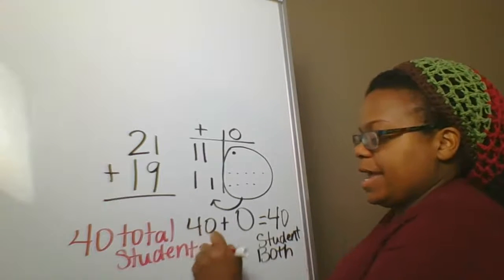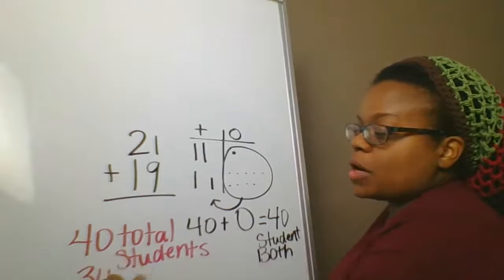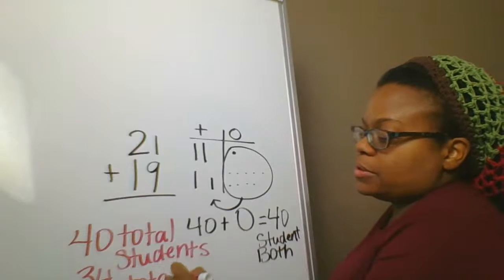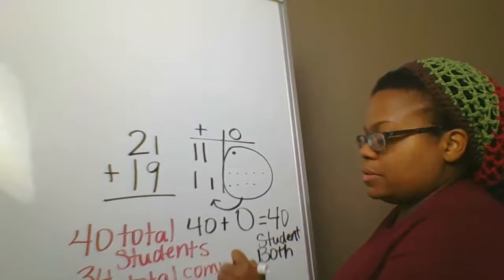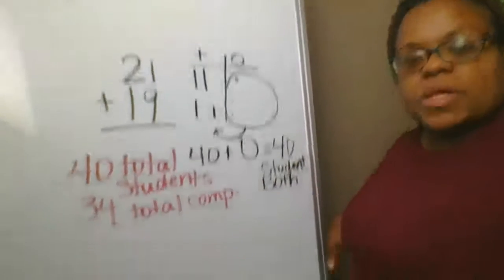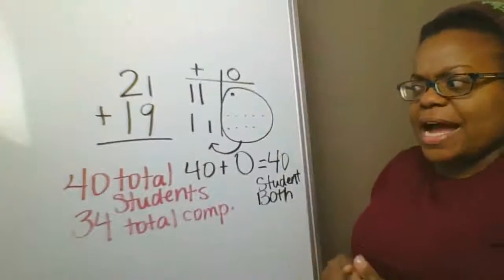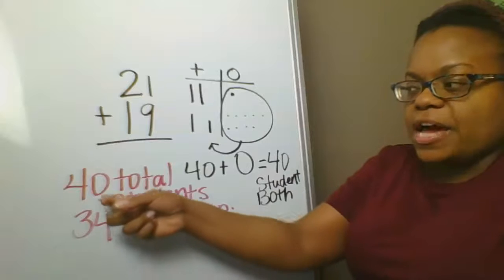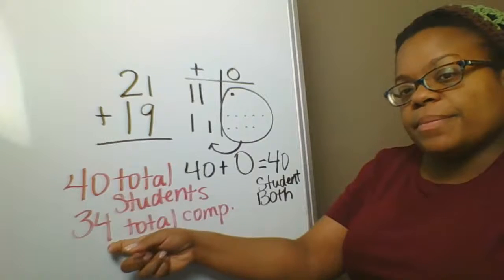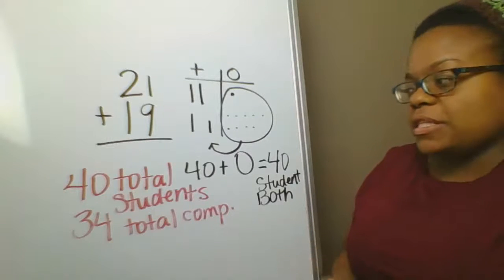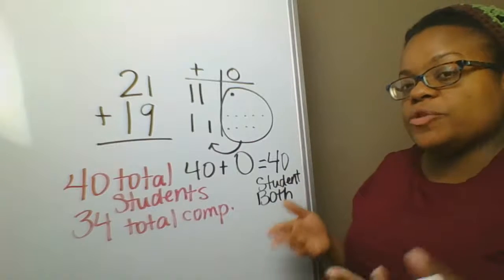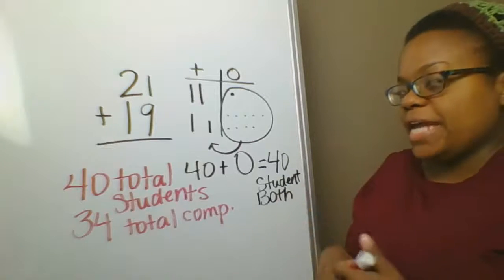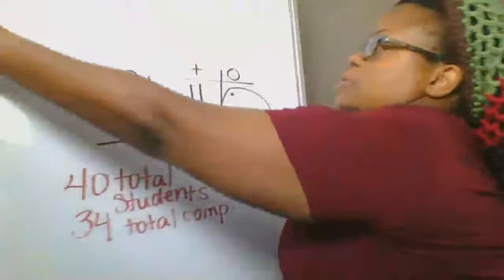And then I have 34 total computers. I'm going to abbreviate that. So if I look at those numbers, I already can tell that I have more students than I have computers. So then I have to think, well, how many of those students are going to be left out?